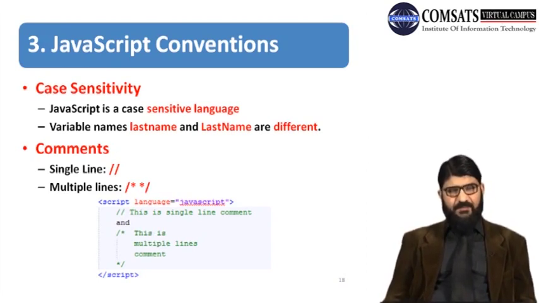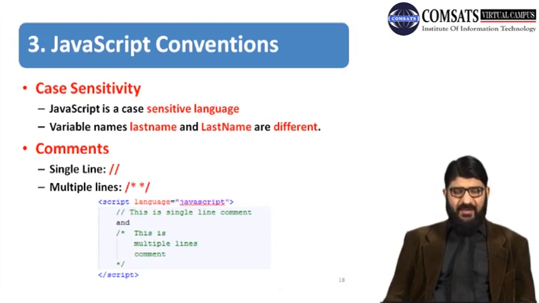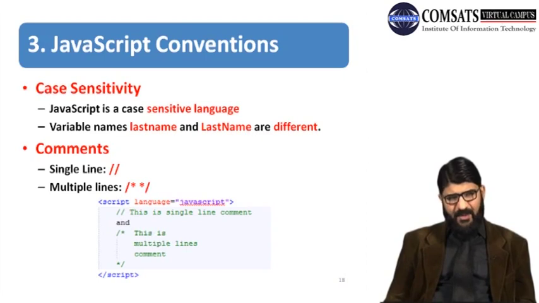For example, if you write a variable name as lastname with a small l and a small n, and somewhere else you use Lastname with a capital L and a capital N, they are both considered different variables. So JavaScript is basically a case sensitive language.